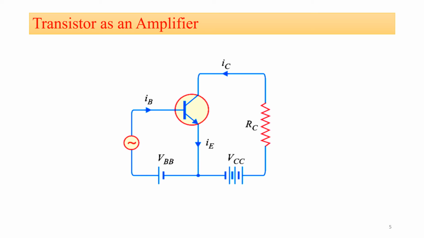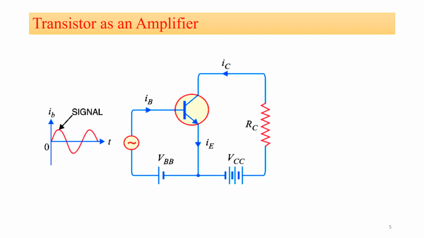The positive terminal of VBB is connected with the base and the negative terminal is connected with the emitter, similarly the positive terminal of VCC is connected with the collector and the negative terminal is connected with the emitter. That indicates our base emitter junction is in forward bias condition and collector base junction is in reverse bias condition. Now let's see how to use our transistor as an amplifier.